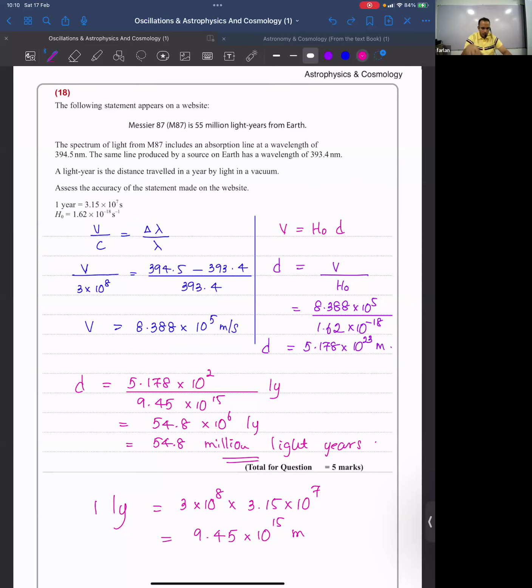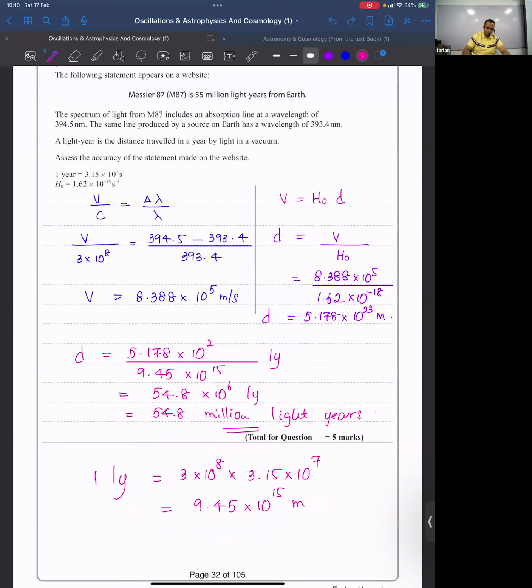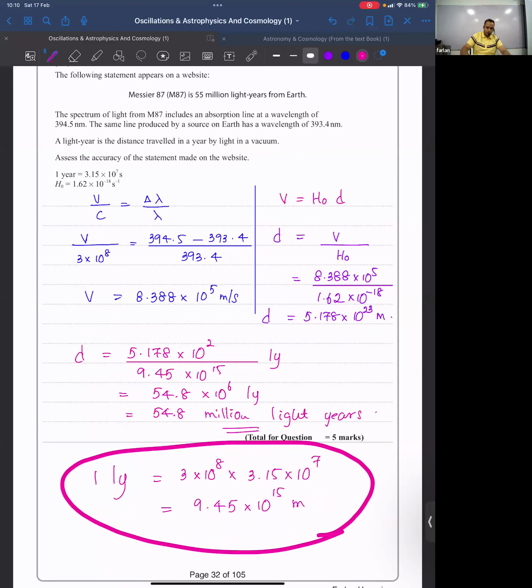Now, they have told me light years, no? So I want to see how much 1 light year is in terms of meters. 1 light year is the distance traveled by light if it travels for 1 year. That is the idea of a light year.